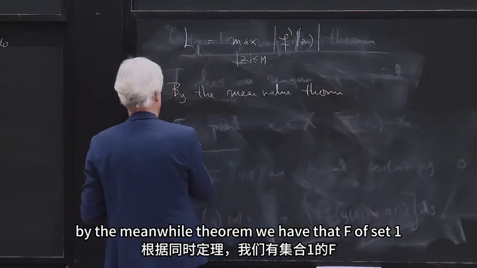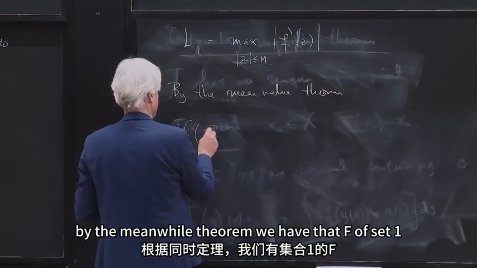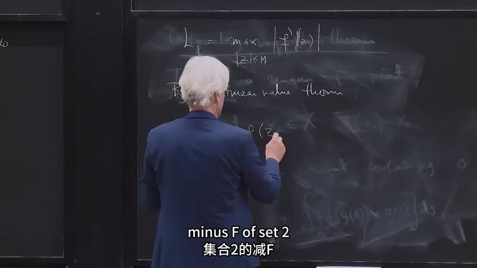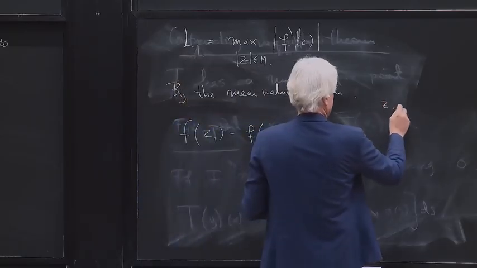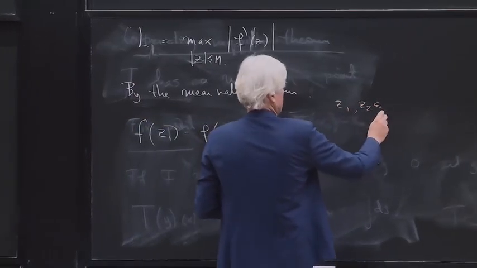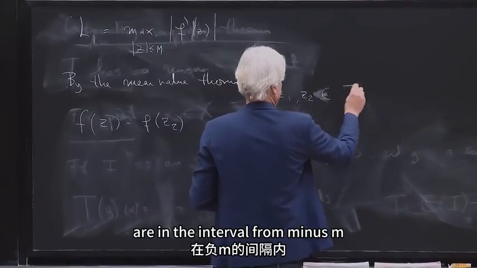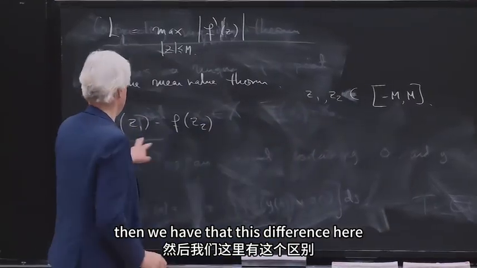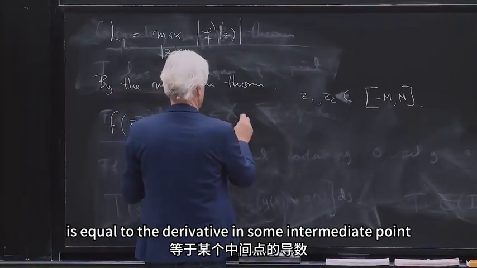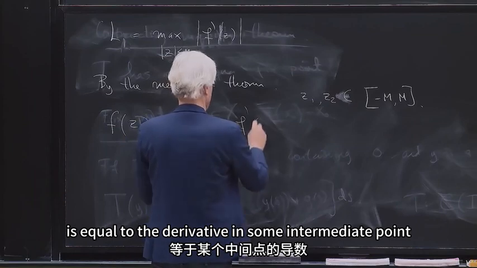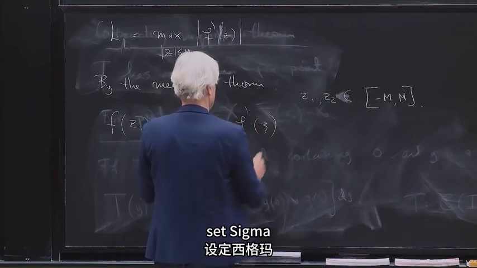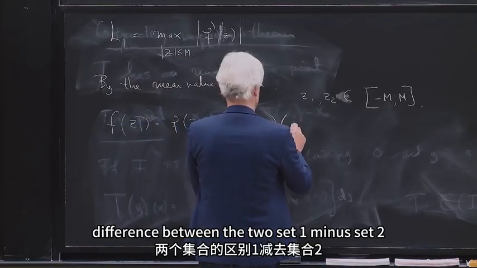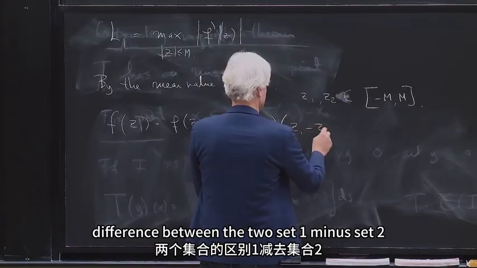By the mean value theorem, we have that f of Z1 minus f of Z2, as long as Z1 and Z2 are in the interval from minus m to m, is equal to the derivative at some intermediate point, psi, times the difference between the two, Z1 minus Z2.